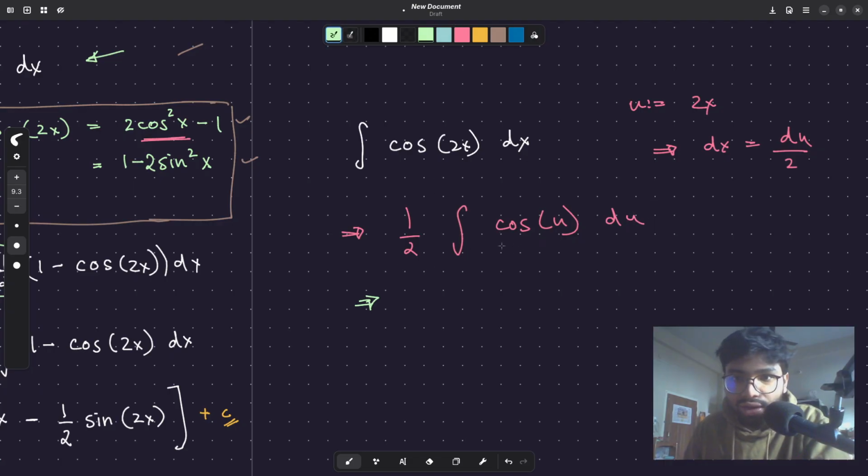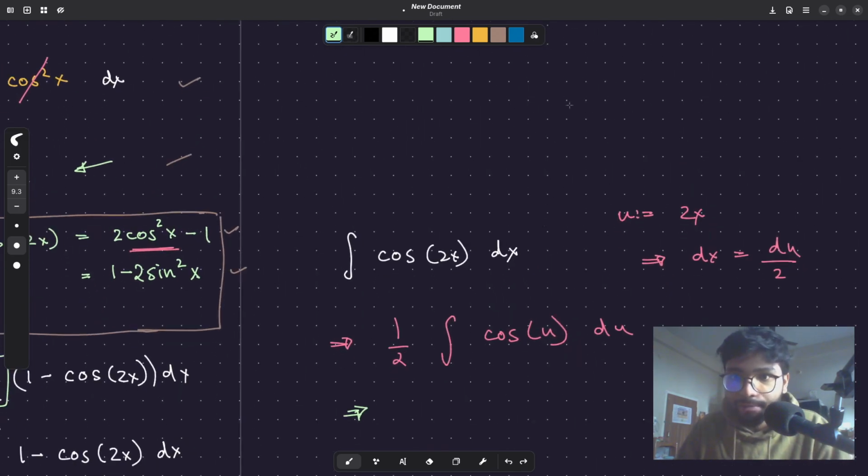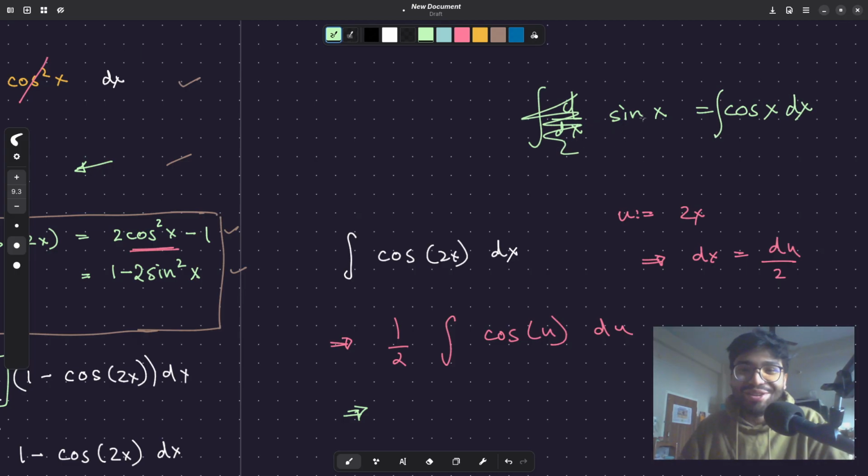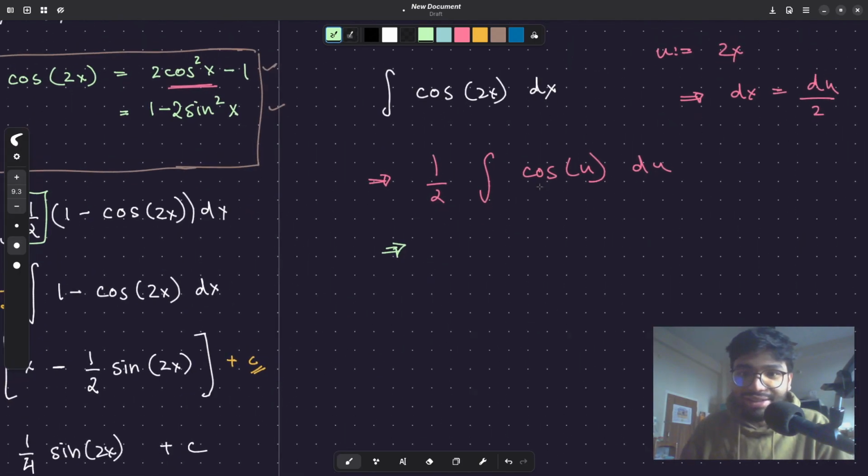And what is the integral of cosine? We know that the derivative of sine is cosine. So if we integrate both parts, because of the fundamental theorem of calculus, we got a sine. So we got half sine u, and also u is 2x.